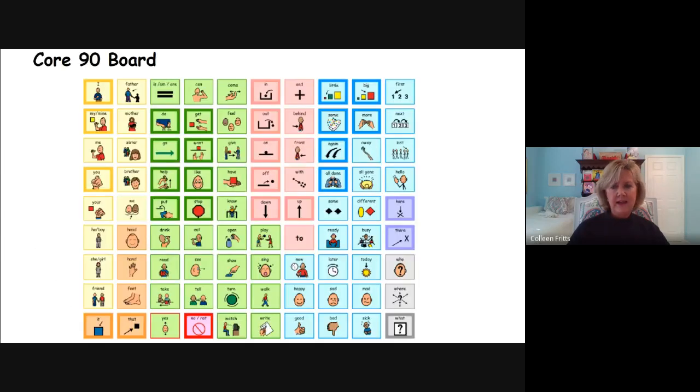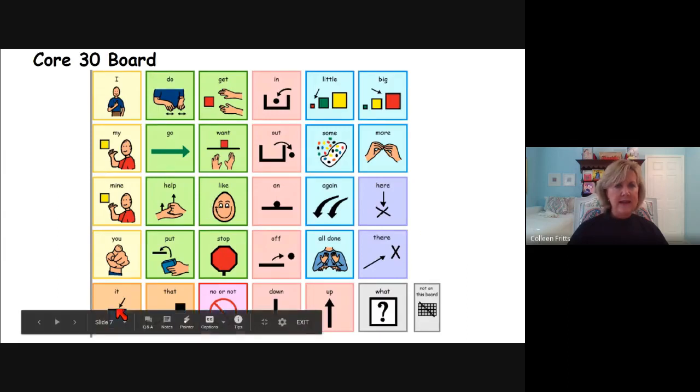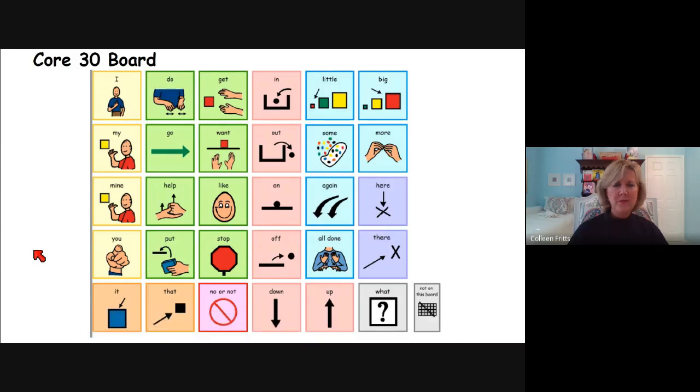So if we were looking at talking about a story, we might use words like, I like it. Or if we were getting ready to go home or to lunch or to the playground, we might say, you go, I go there.